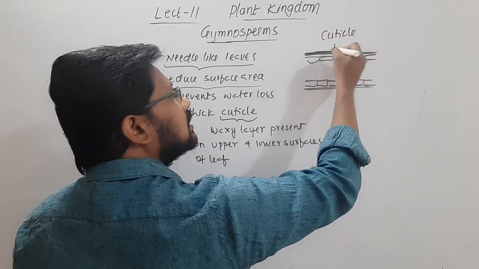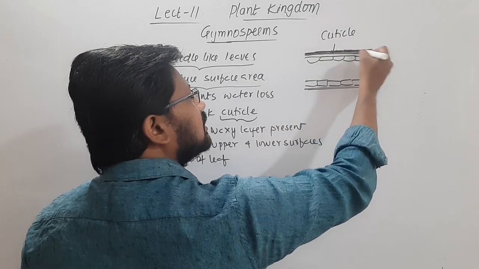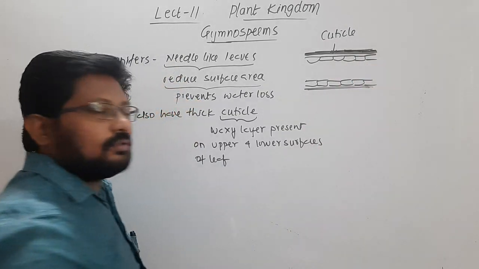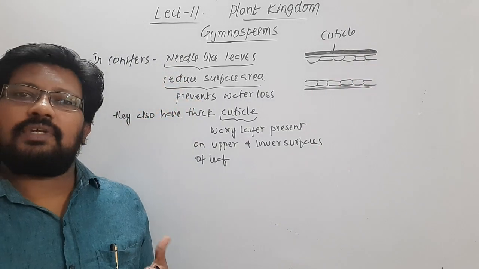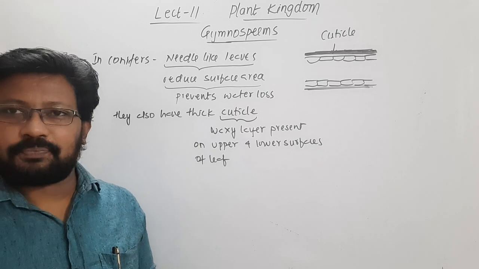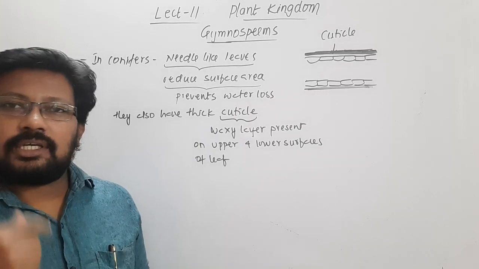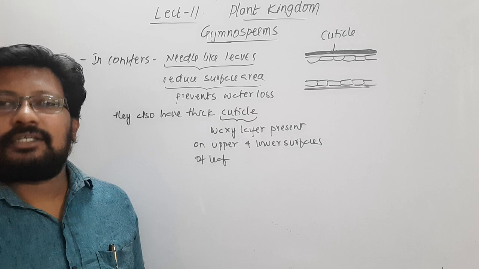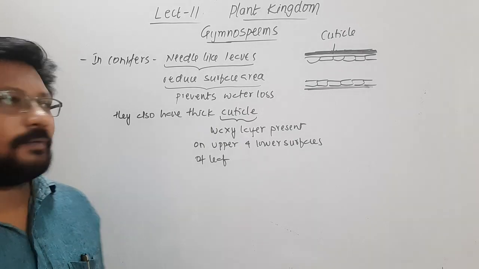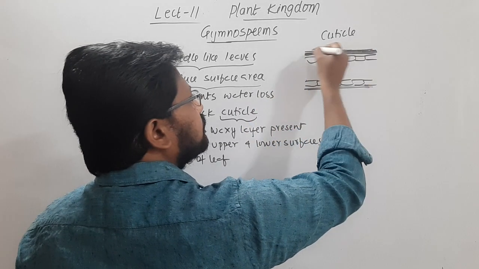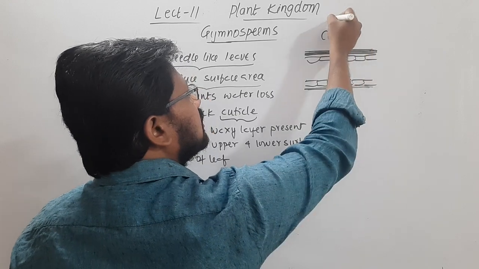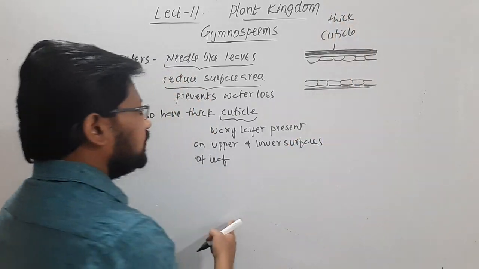The thicker the cuticle, the lesser is the water loss. A thin cuticle will make it lose water, and if the cuticle becomes thick, then the water loss is prevented. You can see here, this is a thick cuticle, right?